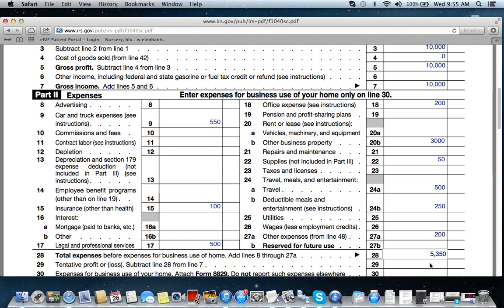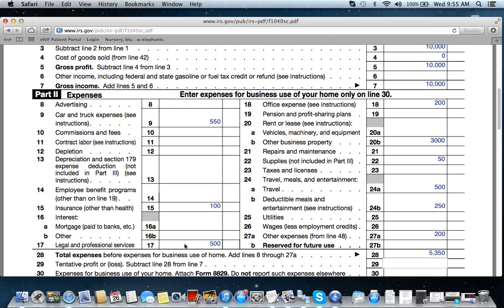Okay. And that's just adding up lines 8 through line 27. So your tentative profit, take the line you just figured out, the $5350, and subtract it from line 7, your gross income. In this case, that's going to leave me with $4,650 in profit.